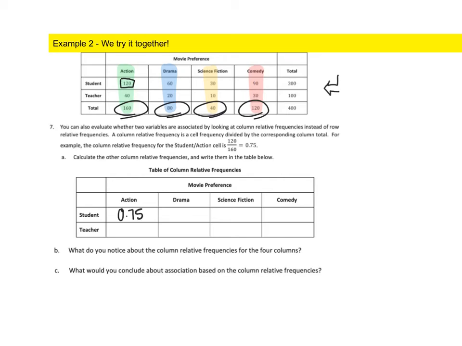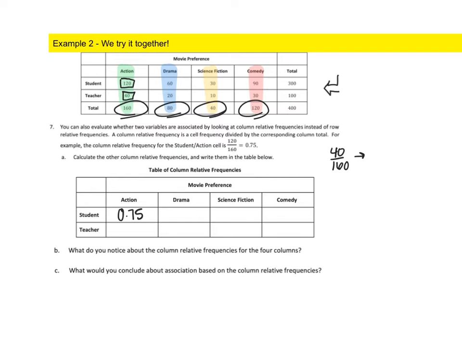So let's do the teacher one real quick. So for this teacher, it's going to be 40 out of 160. For the number of teachers who prefer, out of the total number of teachers, so okay, let me backtrack. The teachers who prefer action movies out of the total number of people who prefer action movies is 40 out of 160.